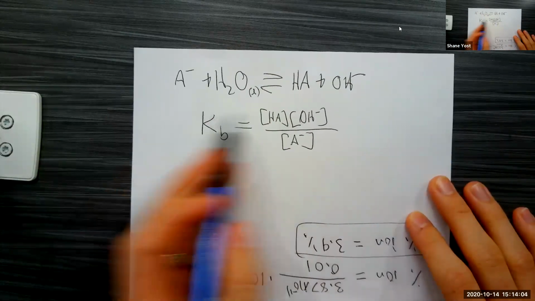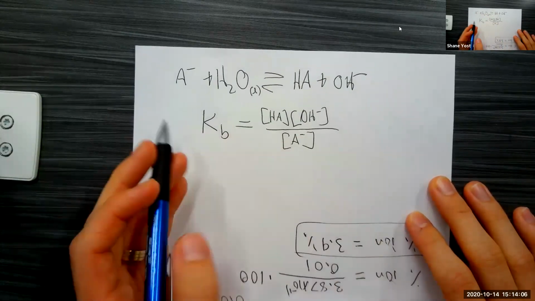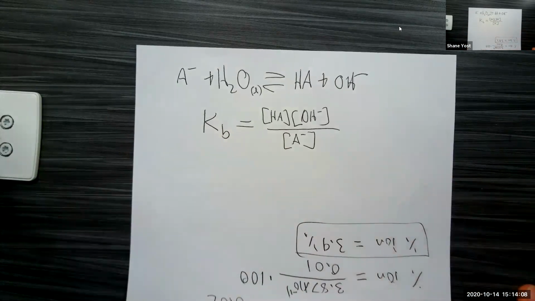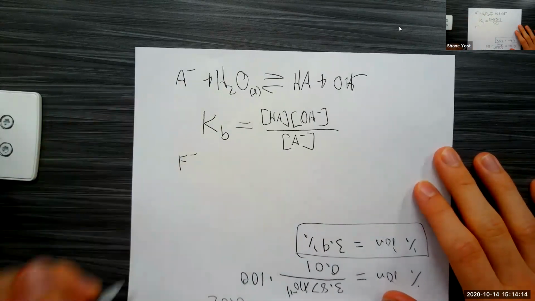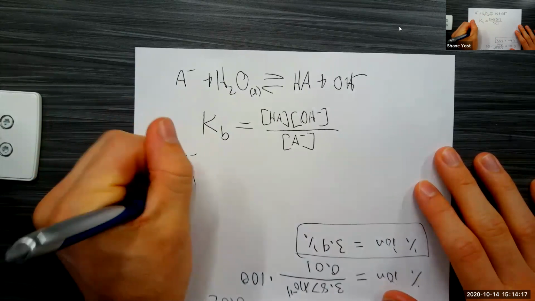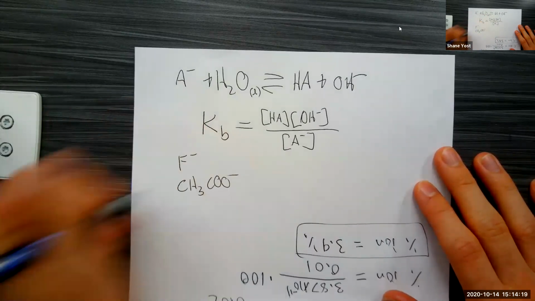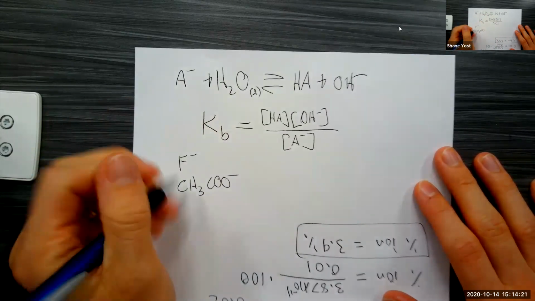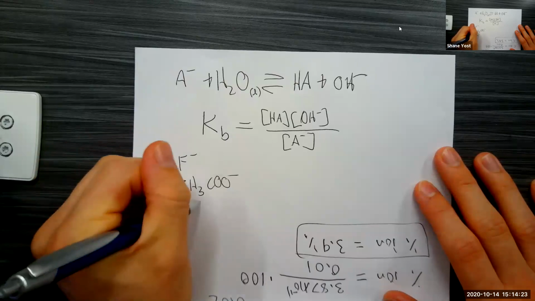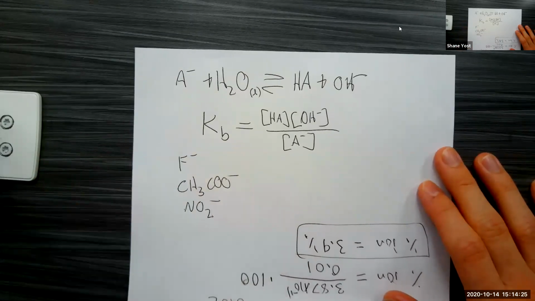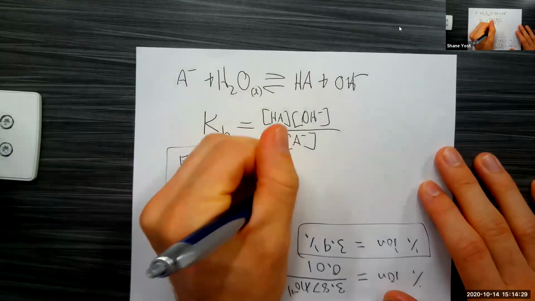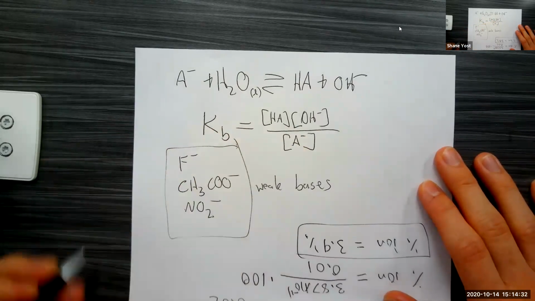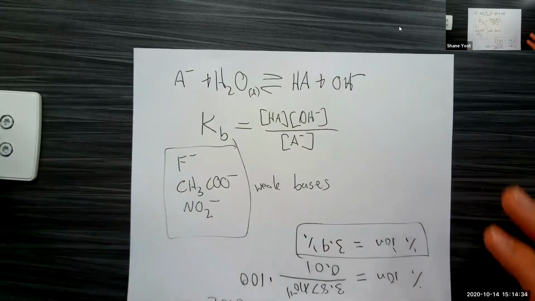It's not included in your equilibrium constants, okay? And why often you'll see it written like this is because a lot of the weak bases we deal with are conjugate bases of weak acids. So for example, fluoride ions, F minus, acetate ions, CH3COO minus, nitrite ions, NO2 minus. These are examples of weak bases, which happen to be conjugate bases of a weak acid, okay?